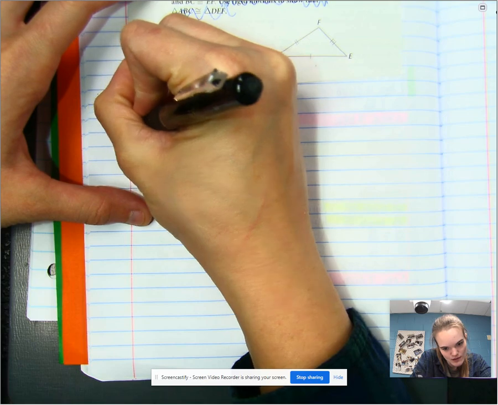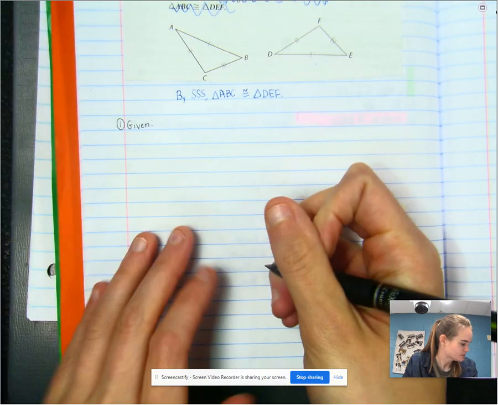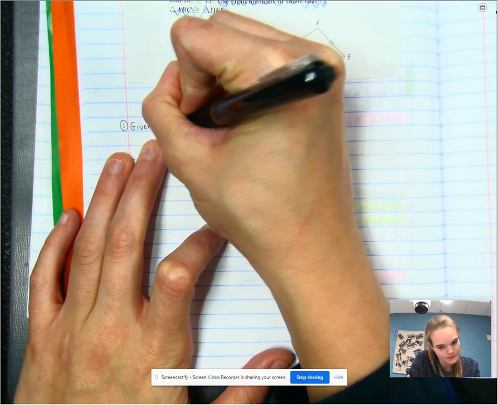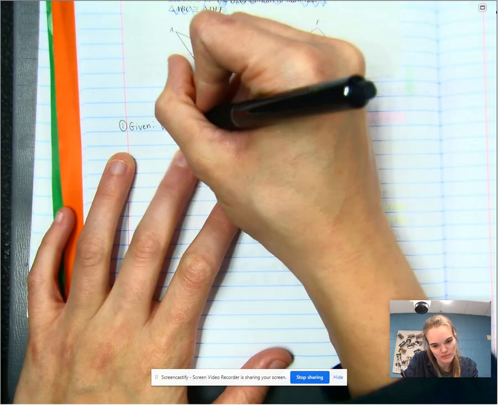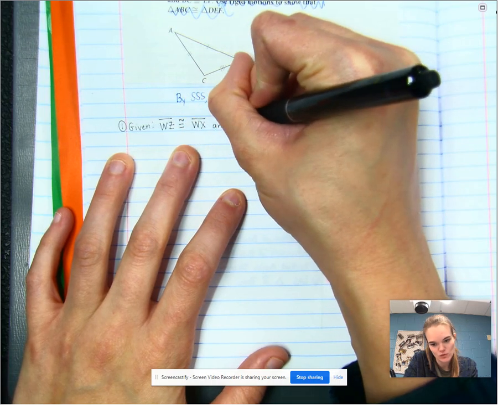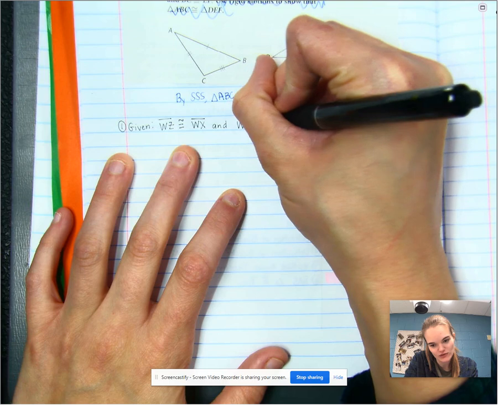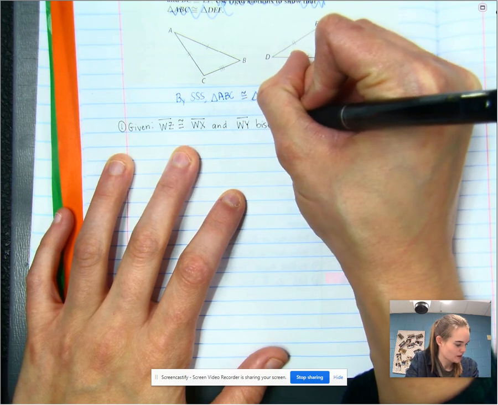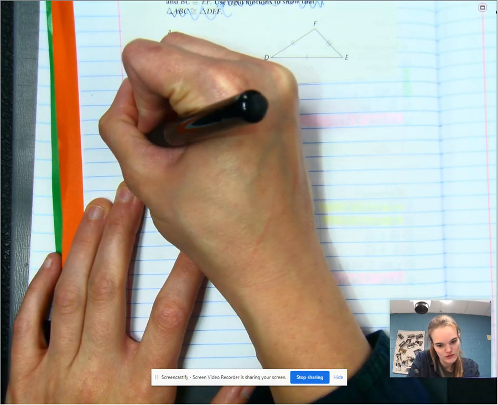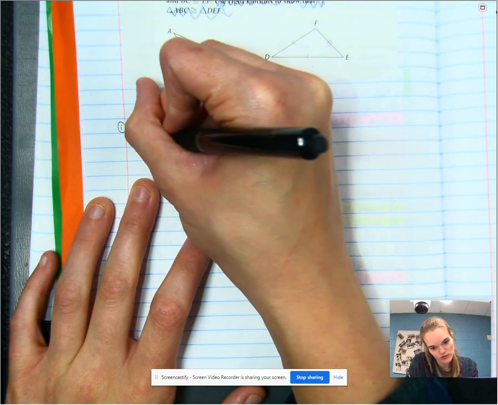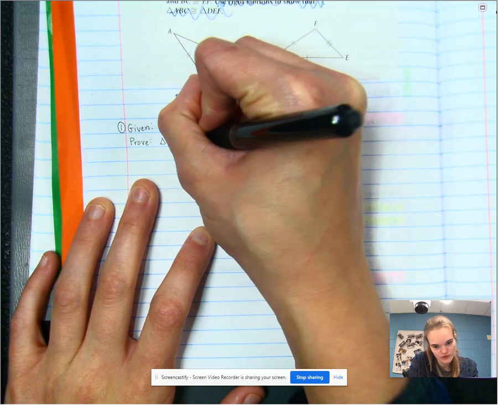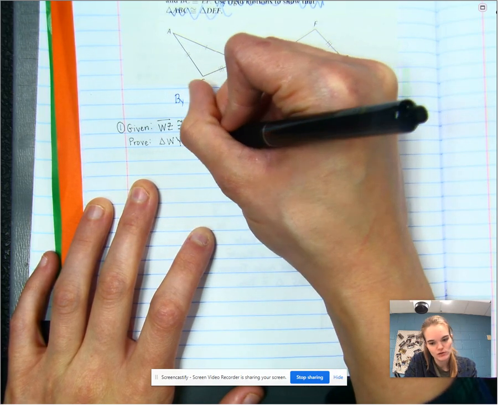Given that WZ is congruent to WX and WY bisects ZX, prove that triangle WYZ is congruent to triangle WYX.